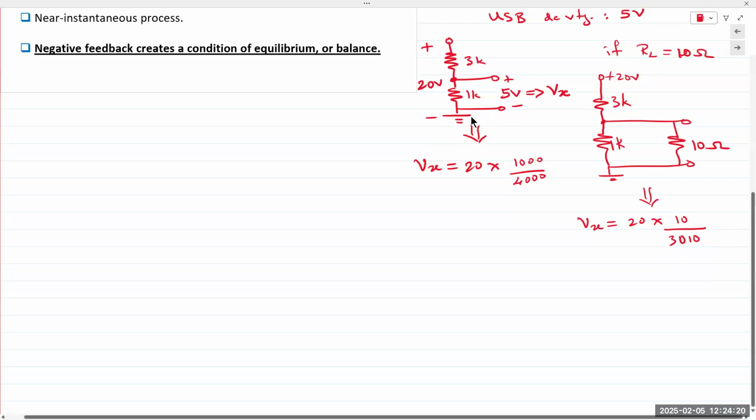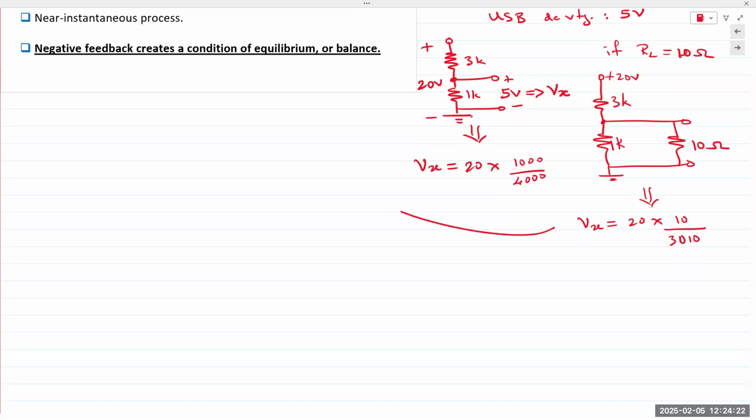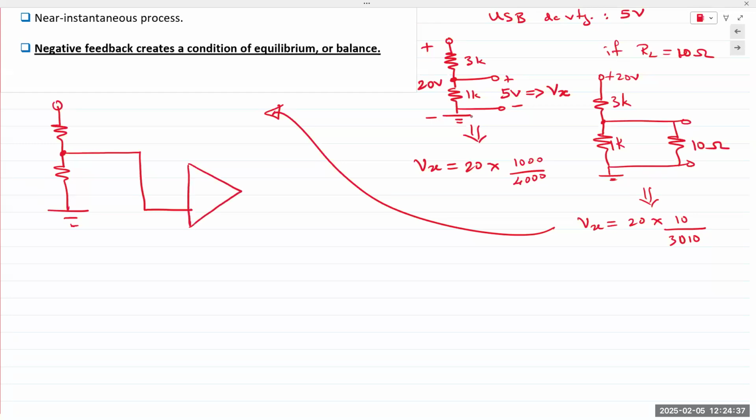So in order to prevent that, to alleviate that effect, we connect the output to an isolation amplifier or voltage follower. And Vout would stay at 5 volts.